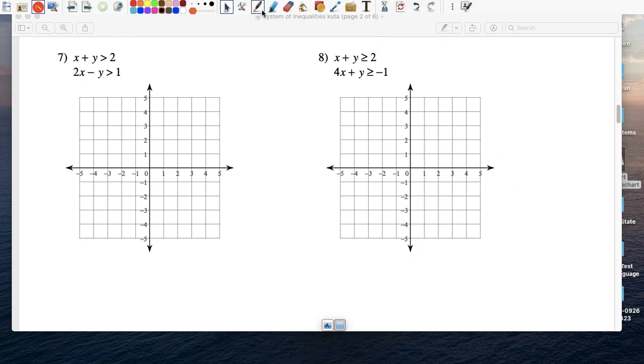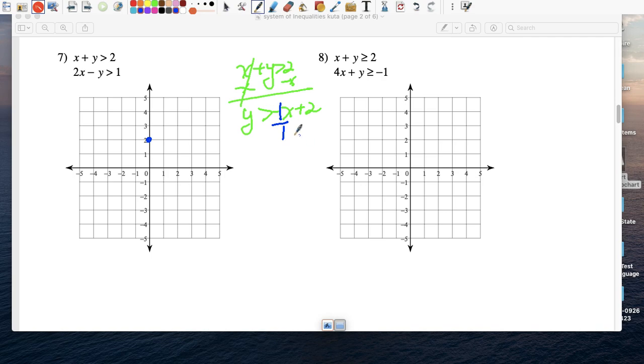All right, the first one again. That's one that's easy. X plus y greater than 2. Let me just move it over here. Minus x, minus x. So we get y is greater than negative x plus 2. I'll put a 1 here, makes my life easier, over 1. So my y-intercept is 2.